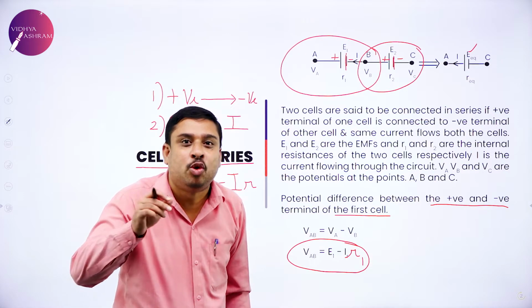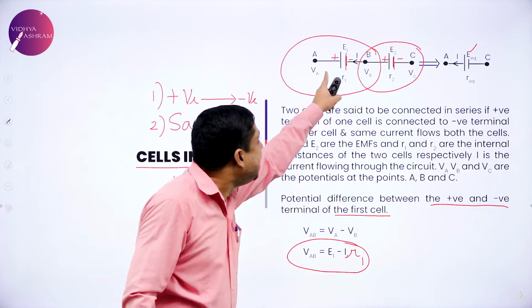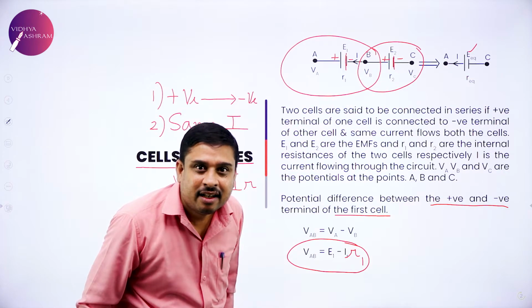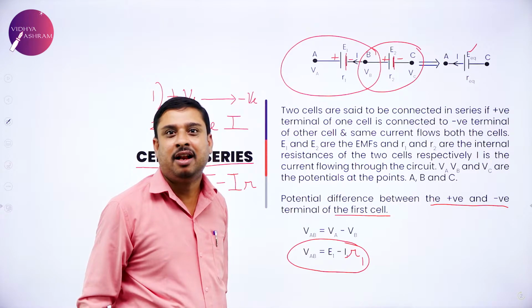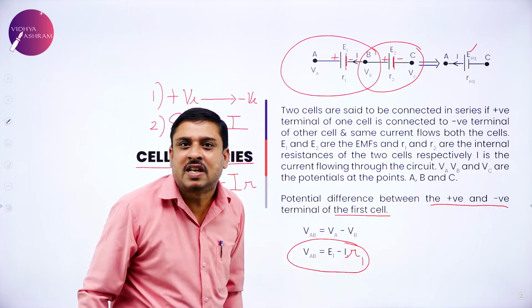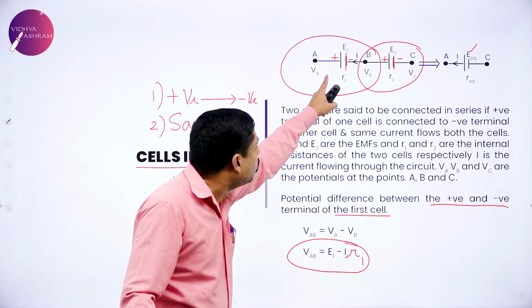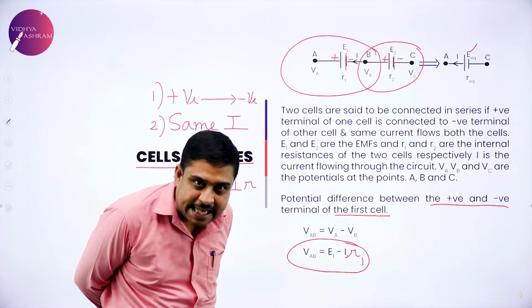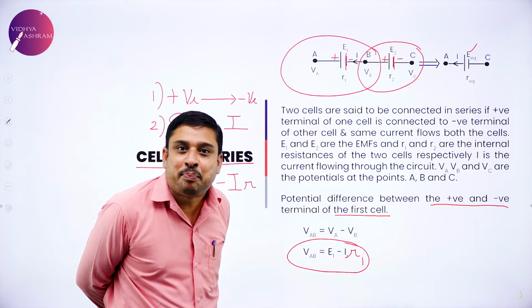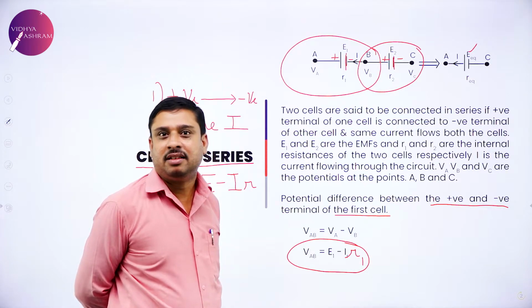It has to draw the same current as these two cells did under the same potential, as we studied in our resistors. So what is happening here? The two cells which were connected in series are replaced by an equivalent cell.